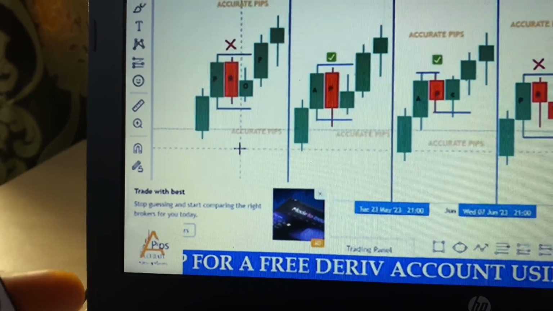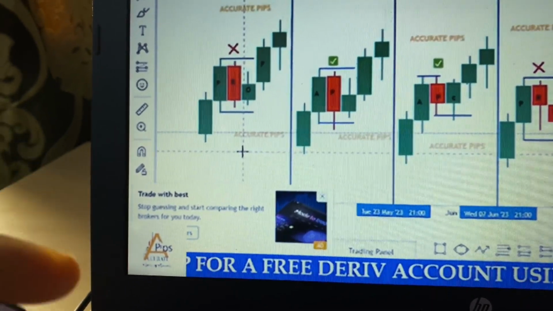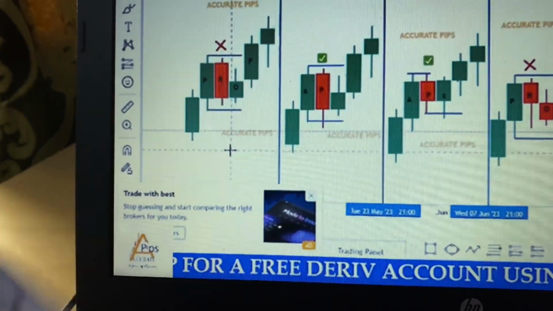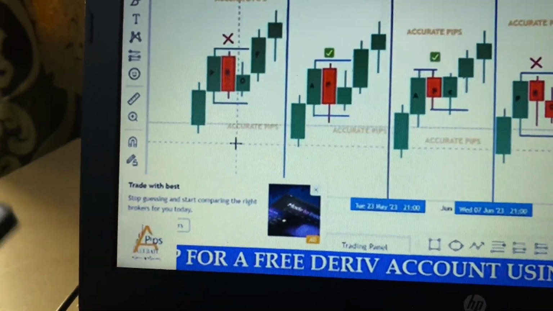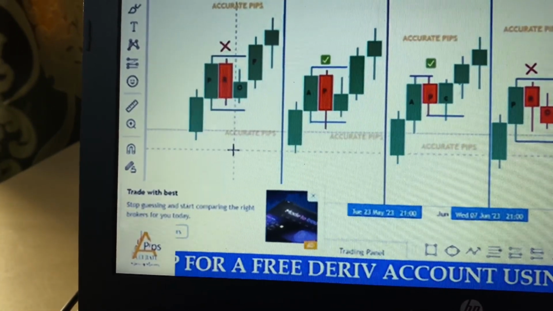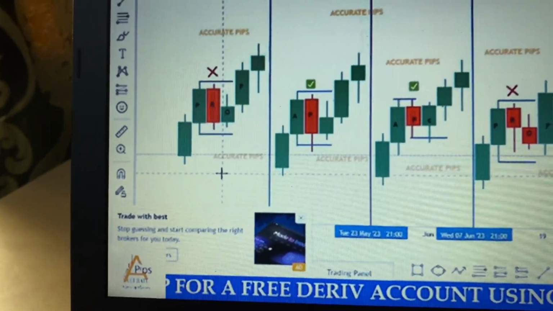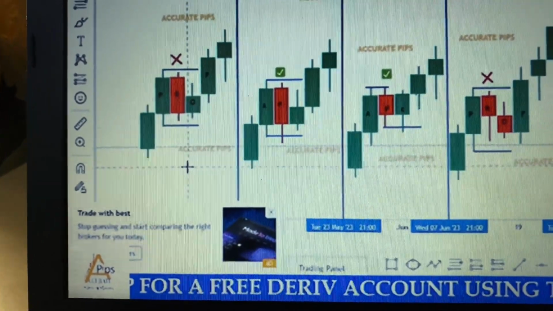I basically mean price has to take out the low of the previous candle before you can see a valid pullback there. If you are talking about a downtrend, then price has to take out buy side liquidity. And when I say buy side liquidity, I'm simply referring to price taking out the previous candle's high. I hope this is pretty much understandable.